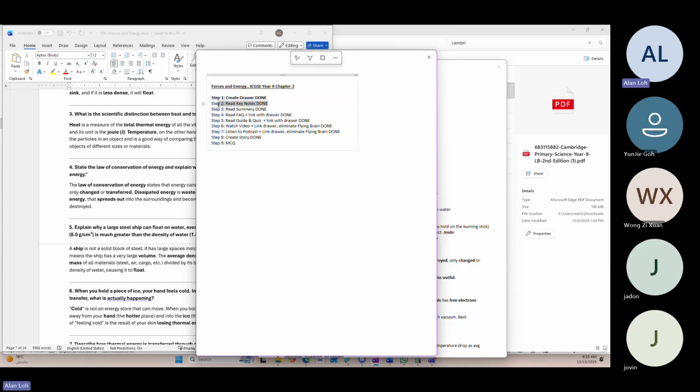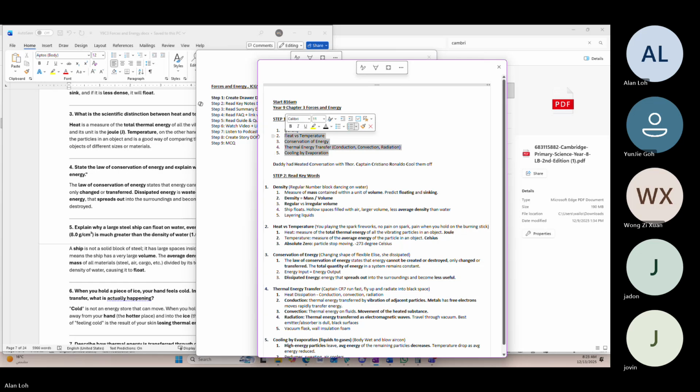We have already done drawer one, and this is drawer one. For the benefit of Jovin, there is this story. You need to remember this story, Jovin. Daddy had a heated conversation with Thor. Captain Cristiano Ronaldo came and cooled them off. Do you know who Thor is?